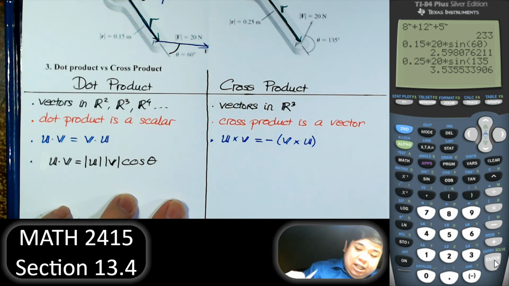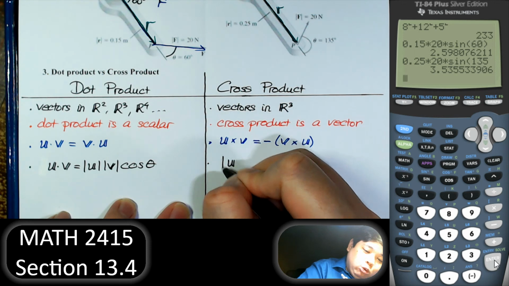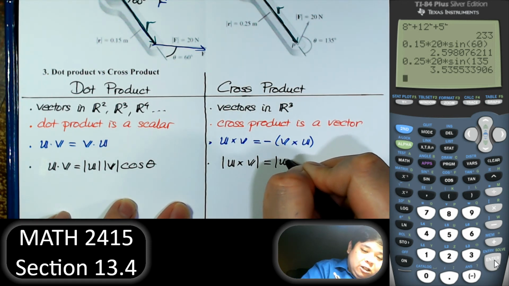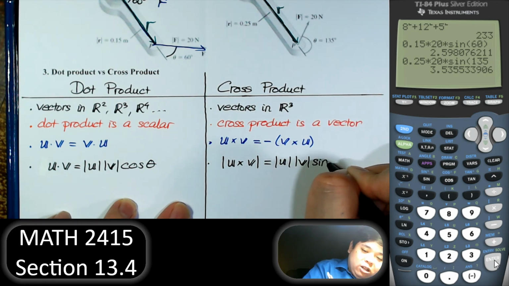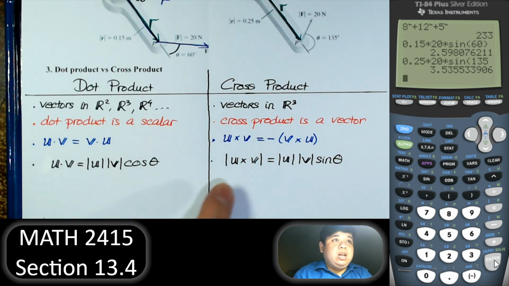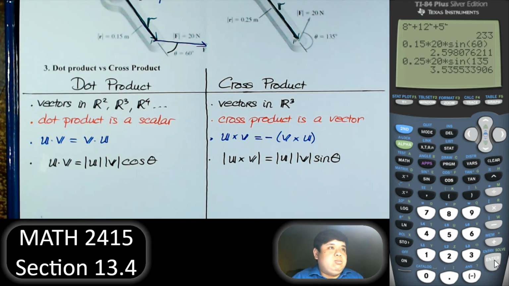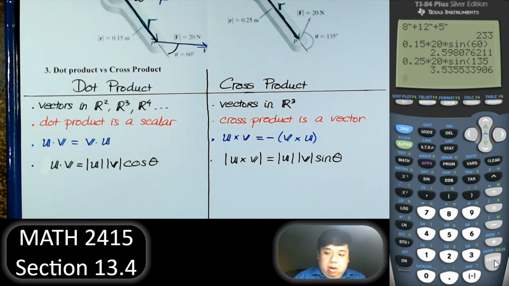However, in the cross product formula, we have to throw in the absolute values, the magnitude. So when we say the angle between them, whatever it is, it has to be positive. So this one has no magnitude, this one has a magnitude. Right, what else? Because this one has no direction, so it's nothing there. But this one has a direction. Direction is determined by the right hand rule.